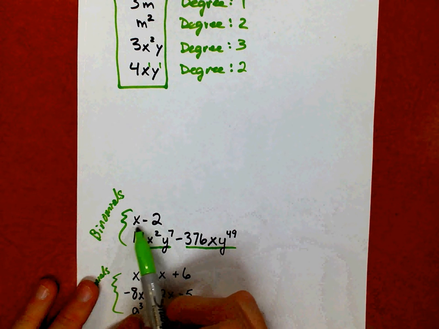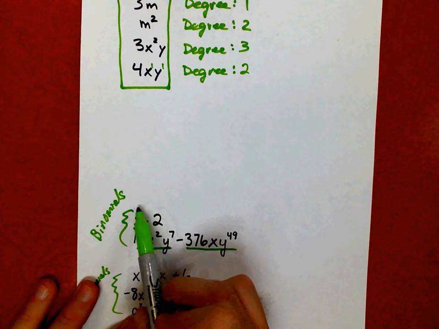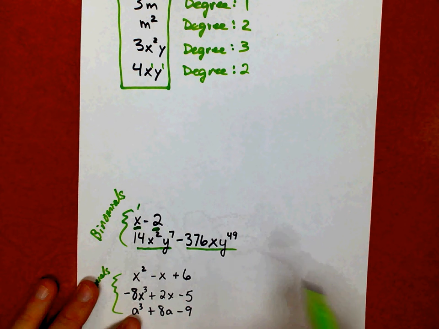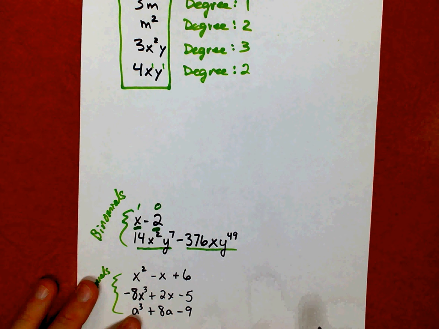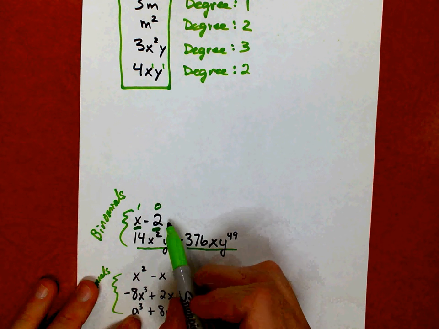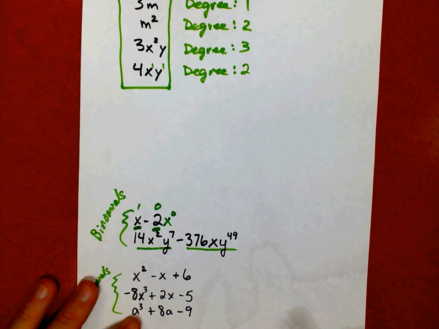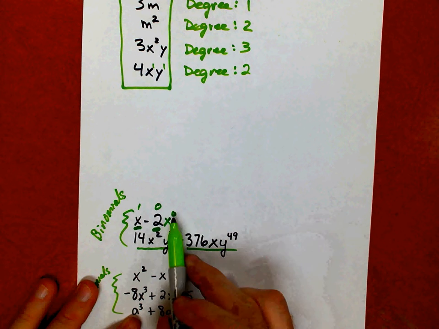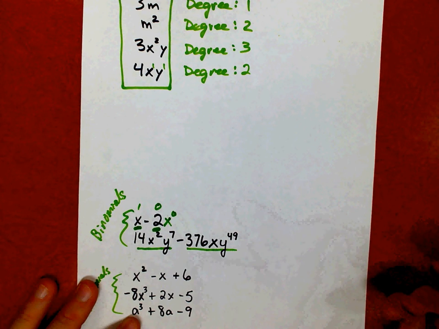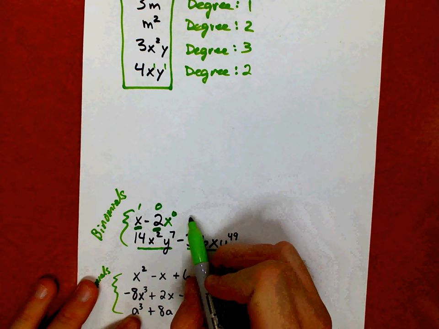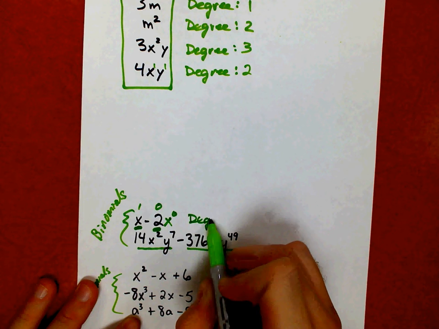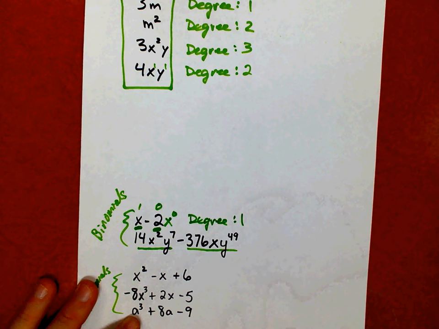So the degree of each of these terms here are 1. And what's the degree of a constant term? This is a trick here. The degree of the constant term is actually 0. If you can imagine an imaginary x to the 0th here, the degree of this term is 0. So the degree of the largest term here is the degree of the binomial. So the degree here is 1.